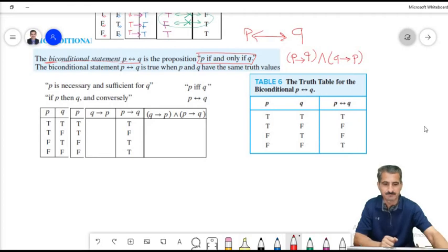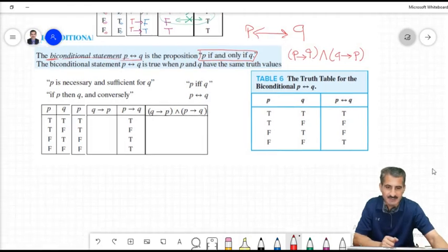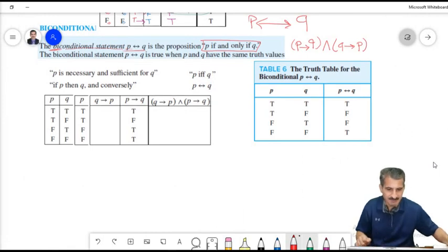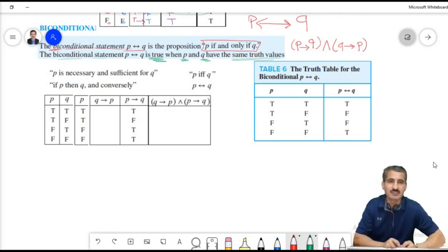Okay? And this is the truth table. And in here it briefly says this statement is true when P and Q have the same truth values, when each of them is true or each of them is false. These are the only cases where the biconditional statement is true.